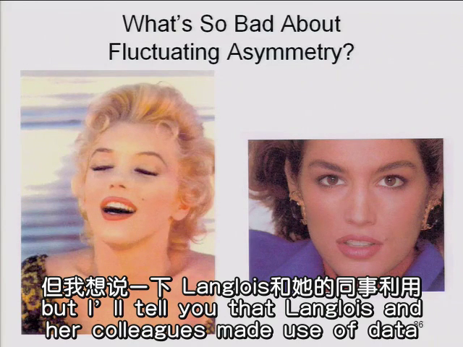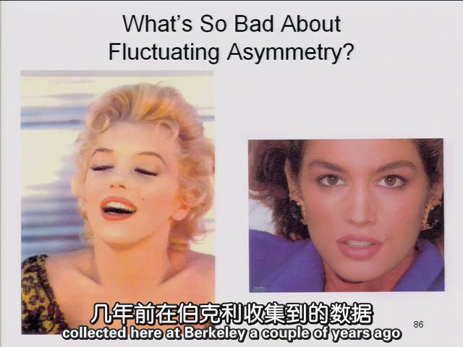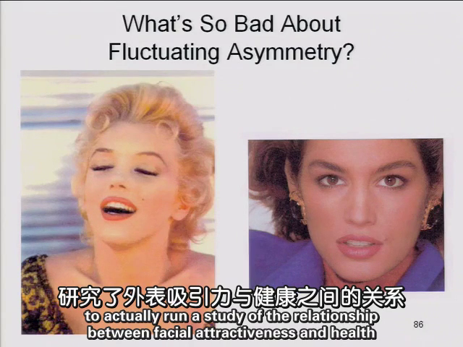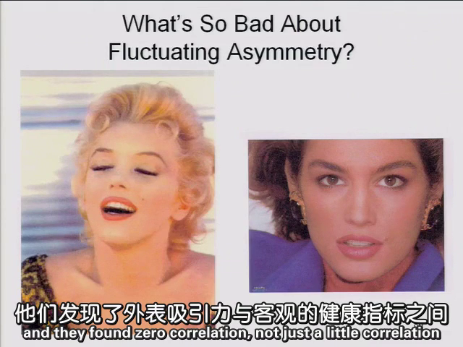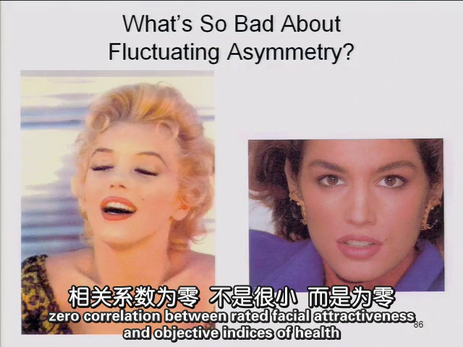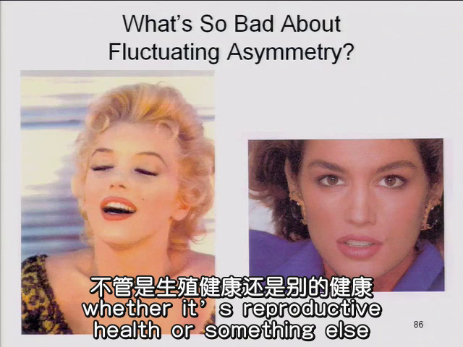Okay. I don't have this slide with me, but Langlois and her colleagues made use of data collected here at Berkeley a couple of years ago to actually run a study of the relationship between facial attractiveness and health using longitudinal data that had been collected by the late Professor Jack Block here. And they found zero correlation. Not just a little correlation, zero correlation between rated facial attractiveness and objective indices of health, whether it's reproductive health or something else.